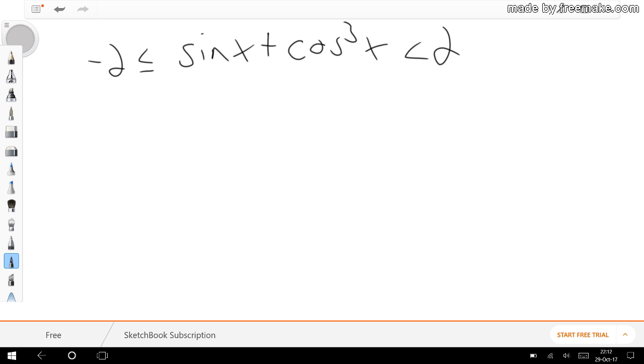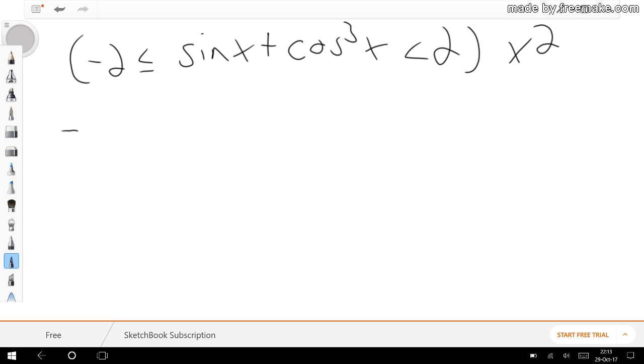One of the other parts of our function was x squared. Now, remember that x squared is always going to be positive, so you can multiply it freely and it doesn't change anything. So let's multiply everything by x squared. That means our negative is going to stay negative and our positive is going to stay positive. So we're good.